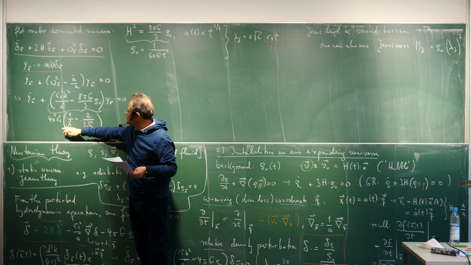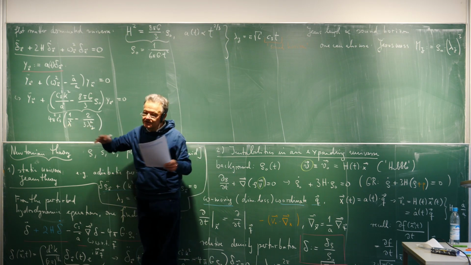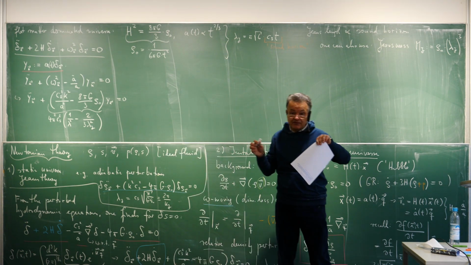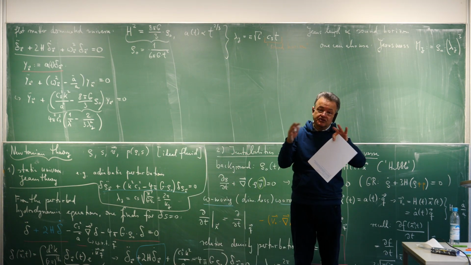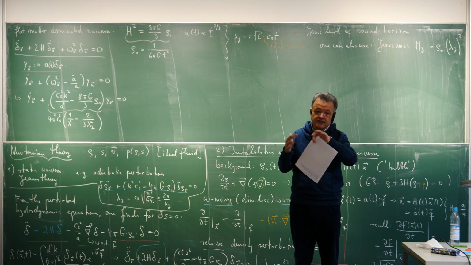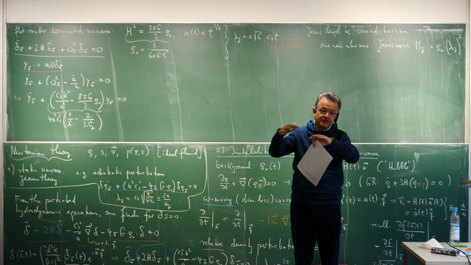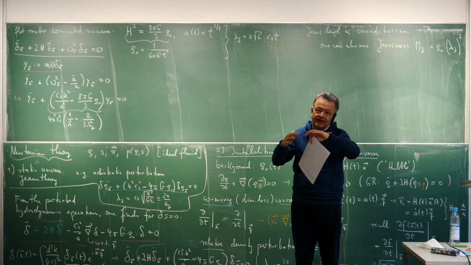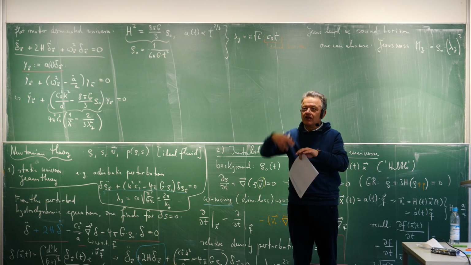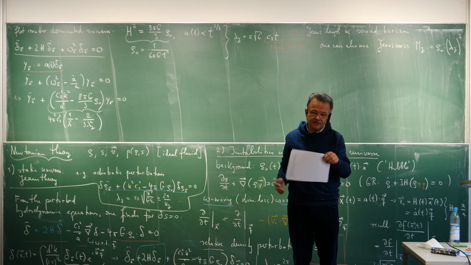I wrote it with lambda_J because we compare two situations: one where lambda is much smaller and one where lambda is much bigger than lambda_J. The Jeans length brings in the important scale, and either we are below, where gravity does not play a major role, or we are above, where gravity is important.